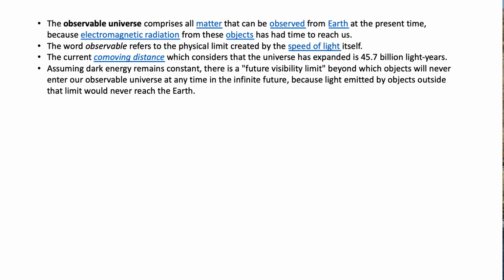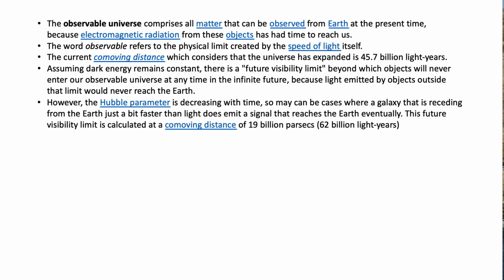In the future, the part of the universe that's beyond our current horizon will likely not ever become visible. There's a little technical detail which is covered in this block of text, that the Hubble expansion rate is gradually getting smaller. So there may be some galaxies that are just outside the observable universe, and that we cannot currently see or expect to see.